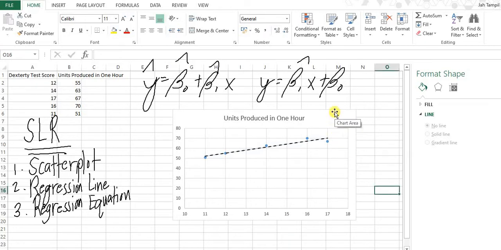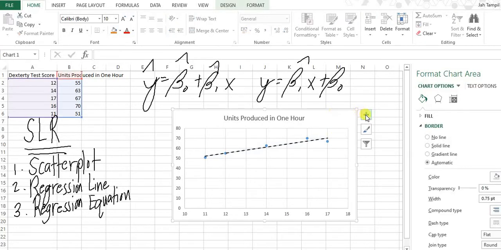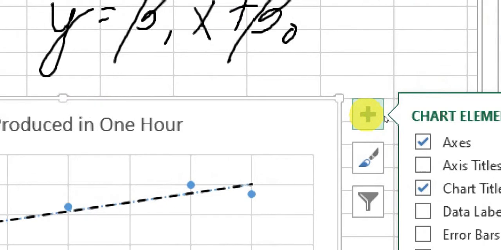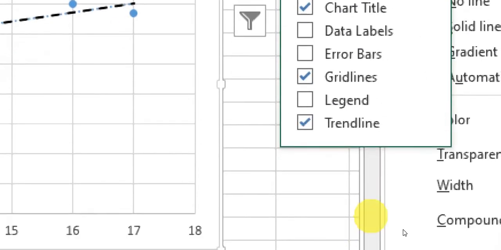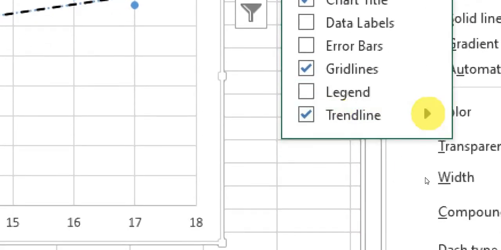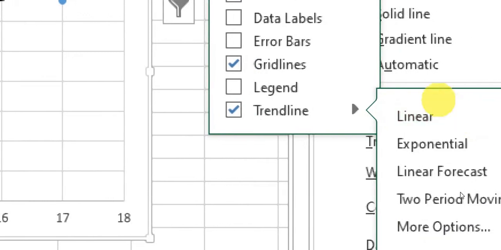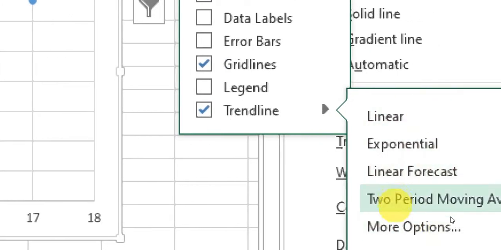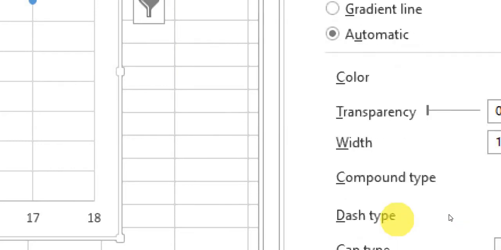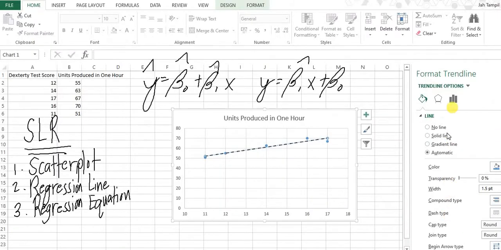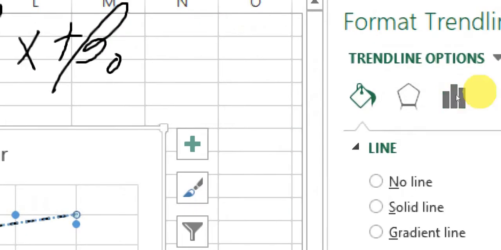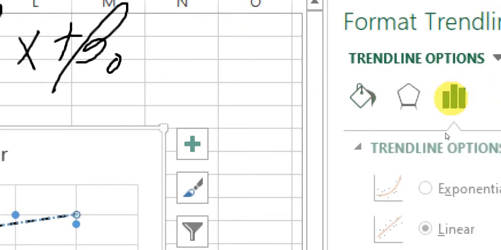So again, we will go to our chart and we would select this again. Let's just take a closer look here. In our trend line, we would have this one here. Now, in more options, let's just zoom out. Here, in our more options, we select this button, which is the trend line options.